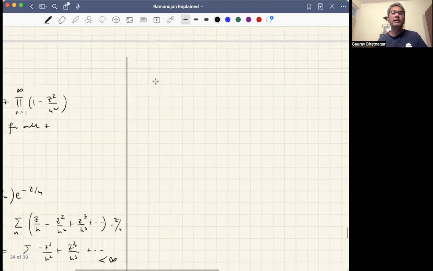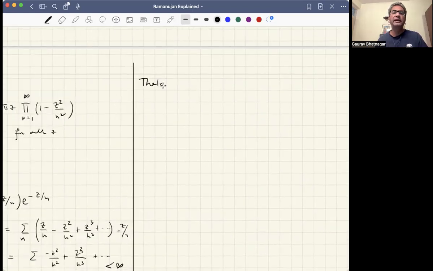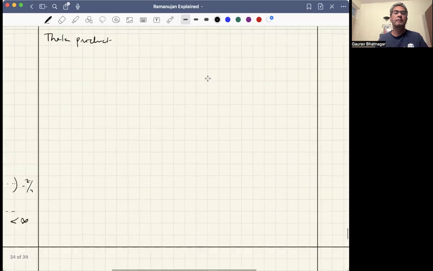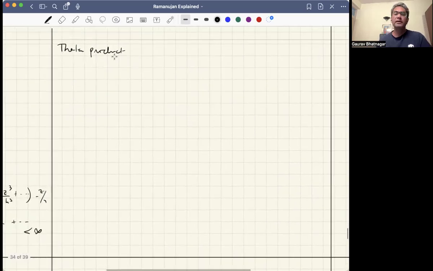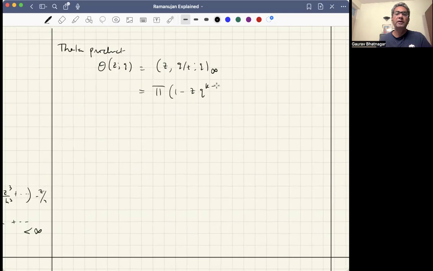The third product is the theta product. The theta product is theta of z q, which is (z;q) infinity and (q over z;q) infinity. This product is 1 minus z q to the k minus 1, 1 minus q to the k over z, k going from 1 to infinity.